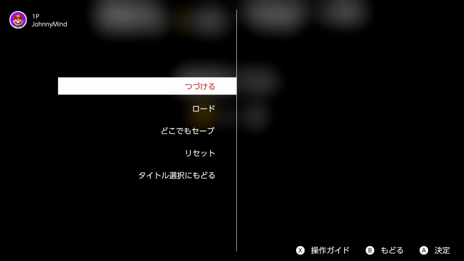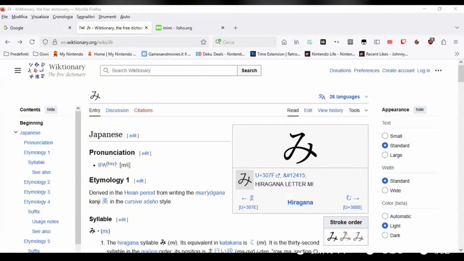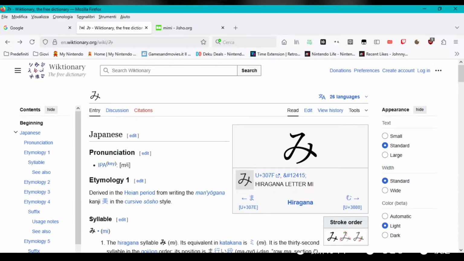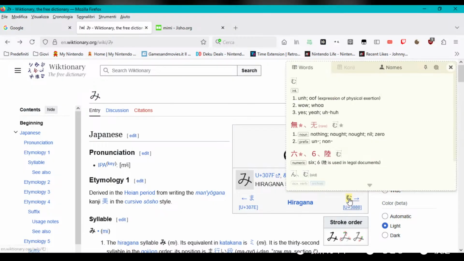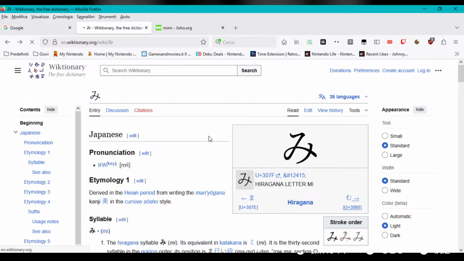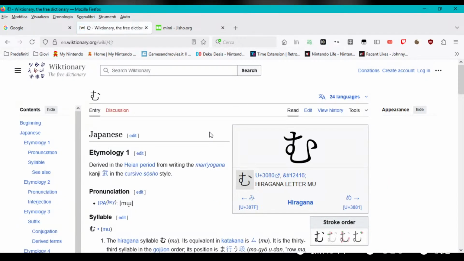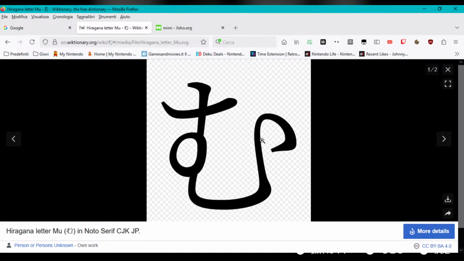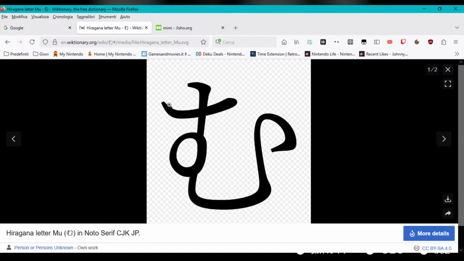Let's go back and see mu. Left to right. Top to bottom with this circle. Then we continue. Left to right, top, and then the ear. Left to right, top to bottom the circle.